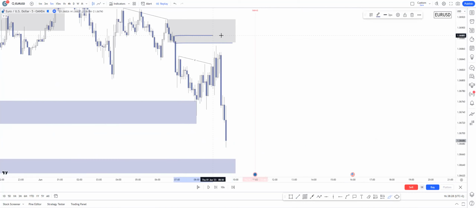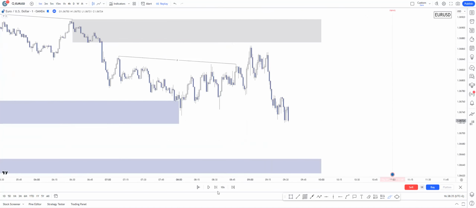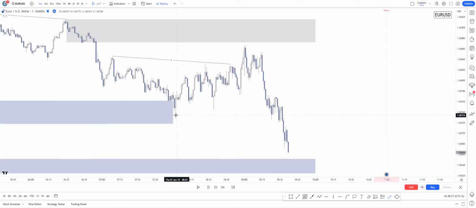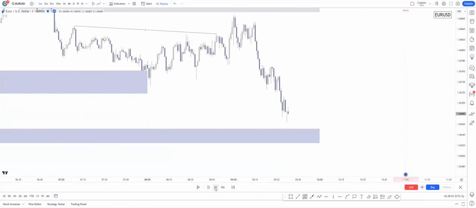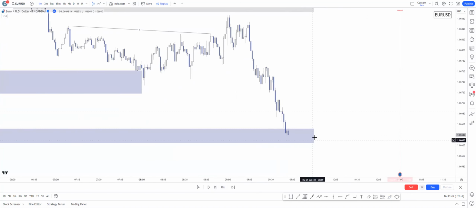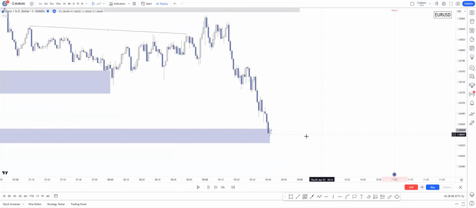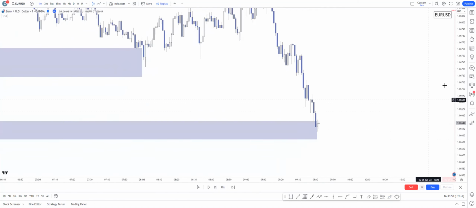There is a 5-minute supply, but it hasn't been mitigated. But a reversal has started, and you can see that technically the sweep of this liquidity happened, and the mitigation of the 5-minute demand has almost happened, which actually happened right now. Perfect. We have 50% mitigation.